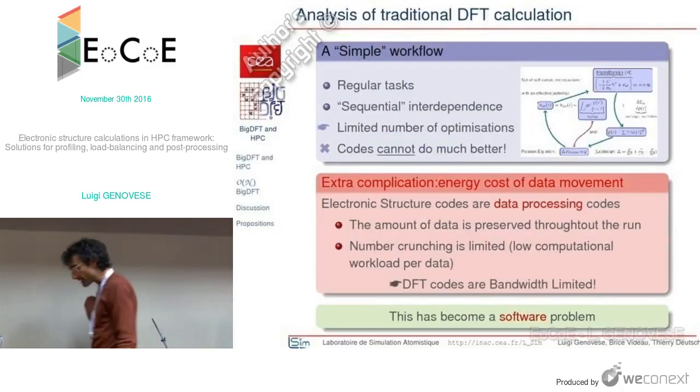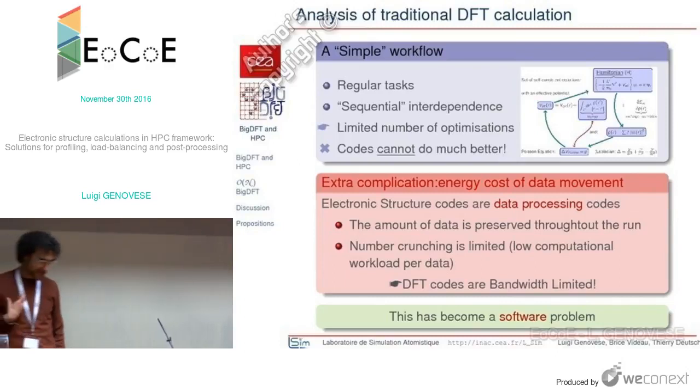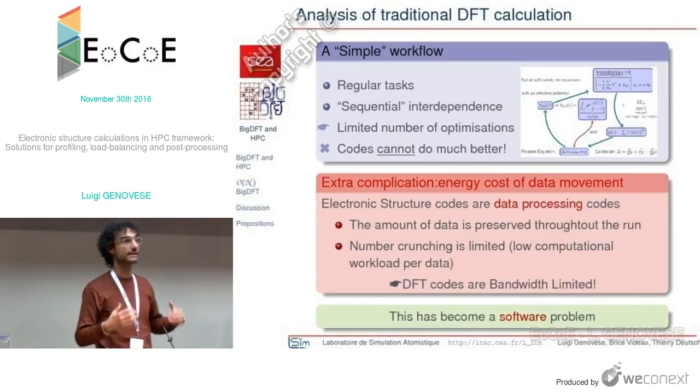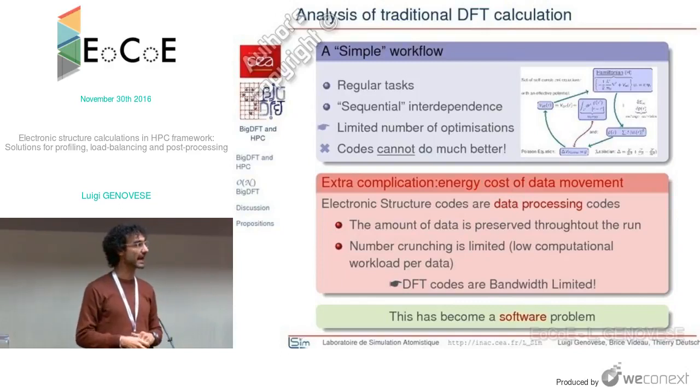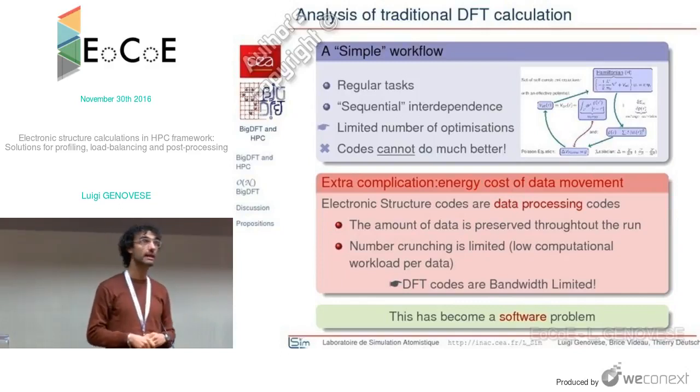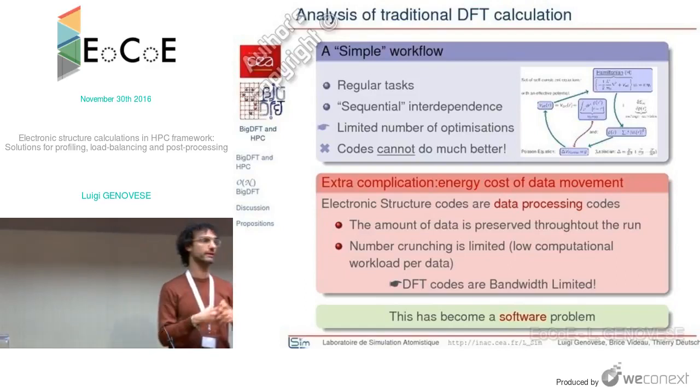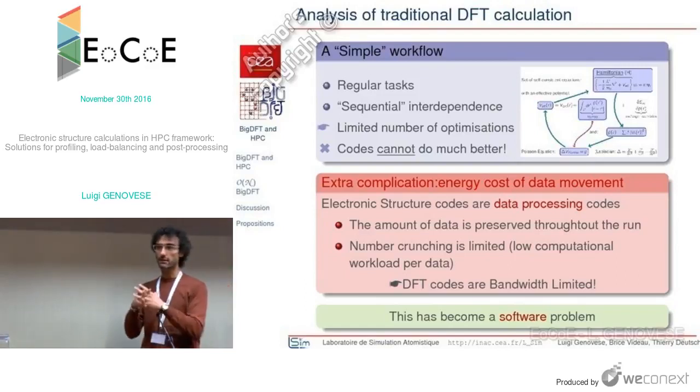Well, the main reason why a single instance of a DFT code is difficult to parallelize at an intensive parallel level is that the workflow of a typical DFT code, in the context of the presentation of Olivier we saw this morning, is a very simple workflow.